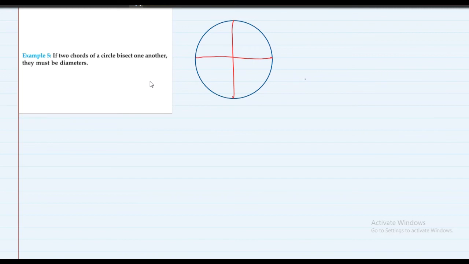There is nothing wrong in visualizing that they are diameters. We are not taking them as diameters, but we can at least visualize in the figure. So let's say that AB and CD are two chords and they bisect each other. They bisect each other at point O. We have to prove that they are diameters. Okay.